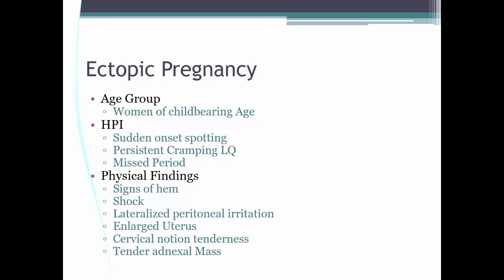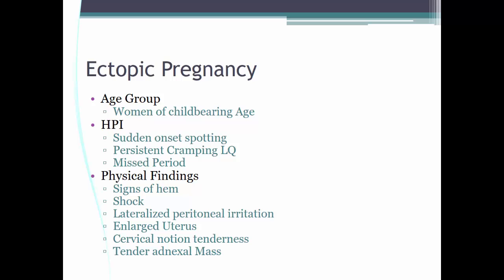Most patients have pelvic pain and sudden onset of spotting. This pelvic pain tends to be crampy. Menses may or may not be delayed or missed, and patients sometimes may not be aware that they're pregnant.